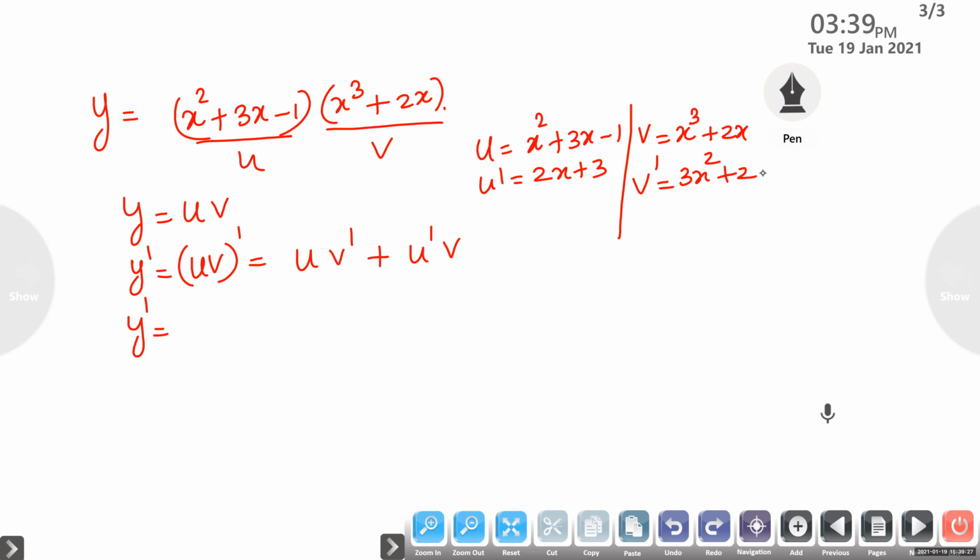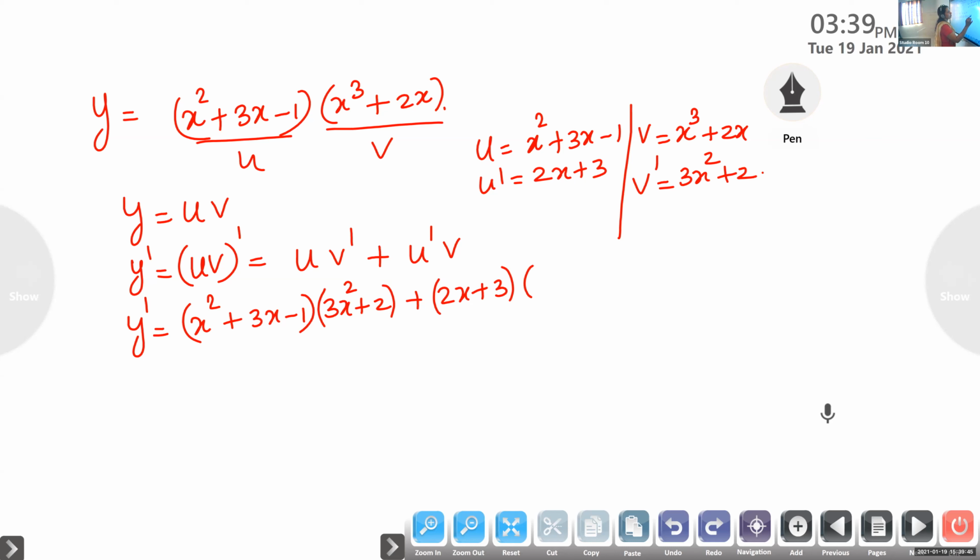So substitute here. Once you find u dash and v dash, substitute it here. What is u? X square plus 3x minus 1 into v dash, which is 3x square plus 2, plus u dash. What is u dash here? Again, open the bracket.